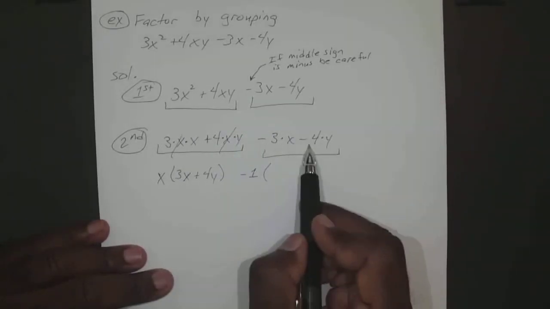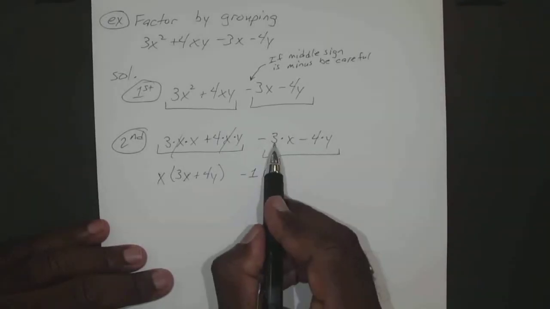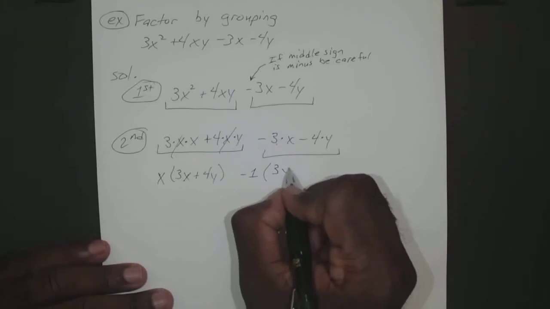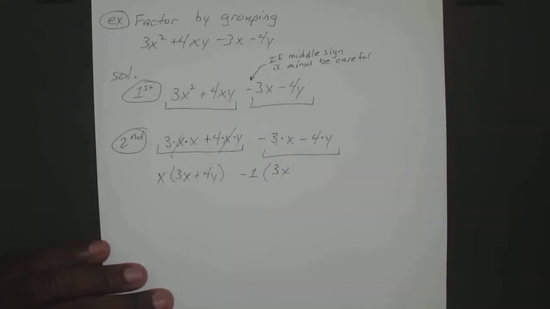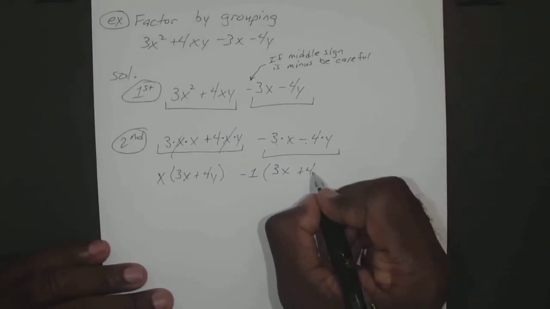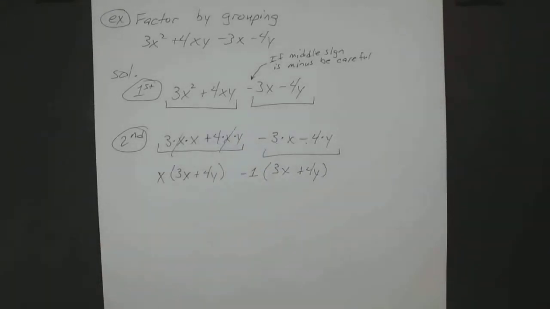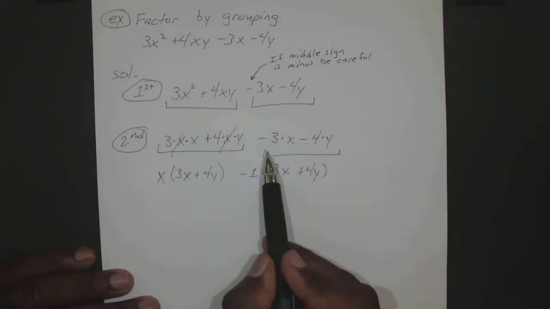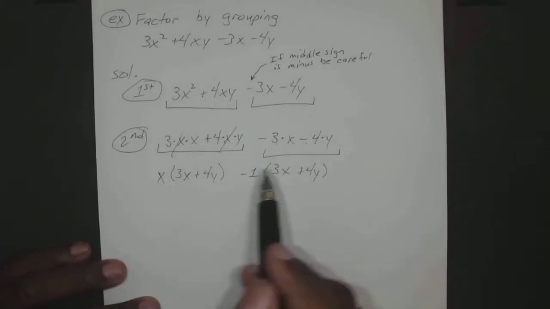Okay, so if you factored out a negative 1 here, that leaves you, if you remove the negative 1, that just makes that positive 3x. And if you remove the negative 1 here, that makes that positive 4y. Okay, you always can double check if you distribute that negative 1, it should give you exactly what you have here, so you know you're on the right track.